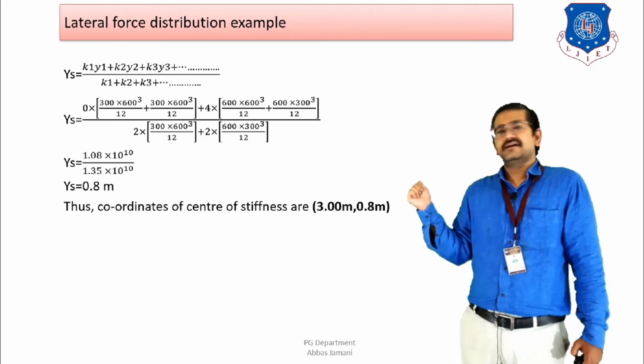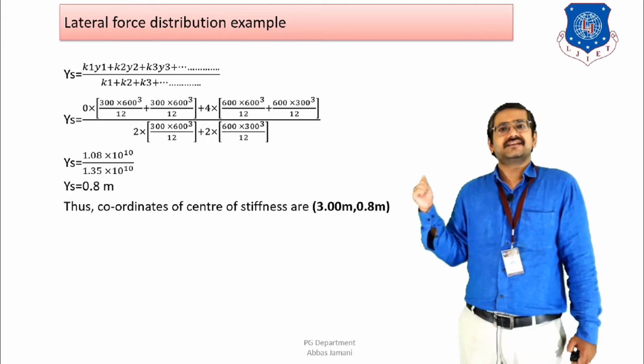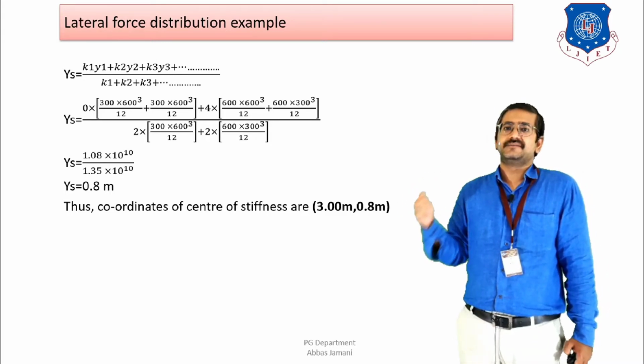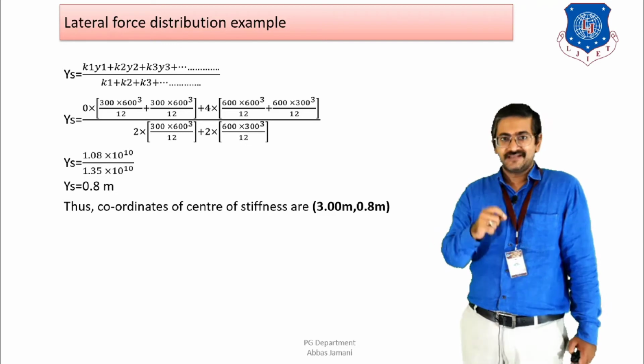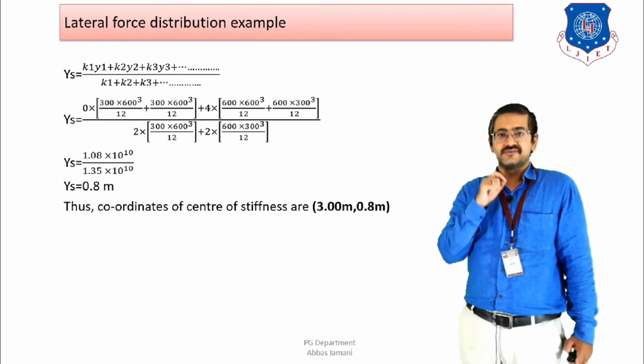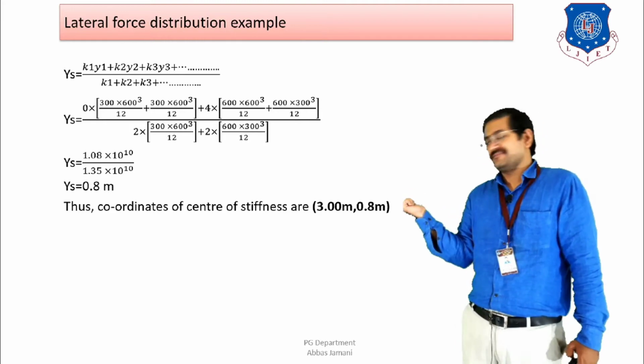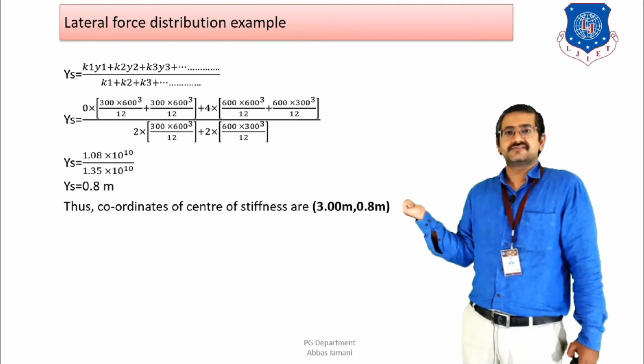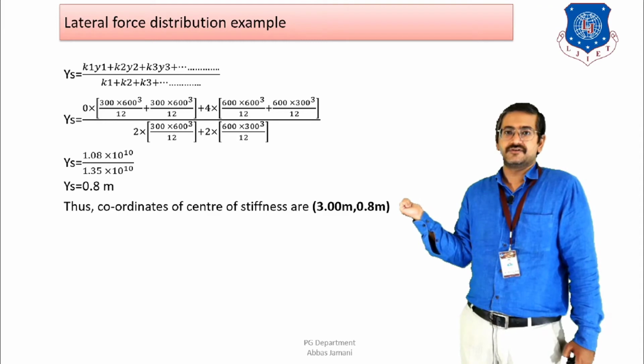So it is k1 y1 plus k2 y2 plus k3 y3 plus k4 y4 divided by k1 plus k2 plus k3 plus k4. Again, just like in the x direction, the point lying on the origin is going to be 0. So the same thing happens here also: the first part of the calculation is going to be 0.